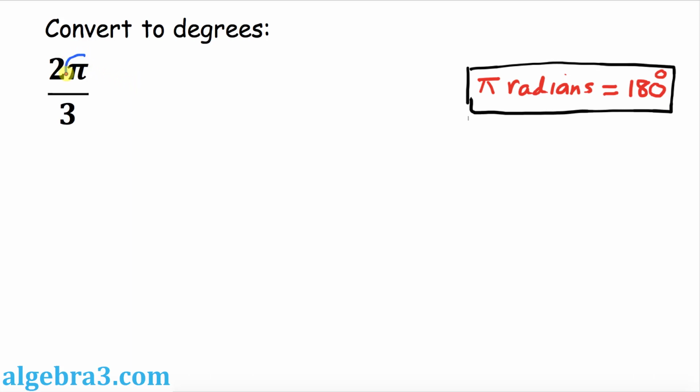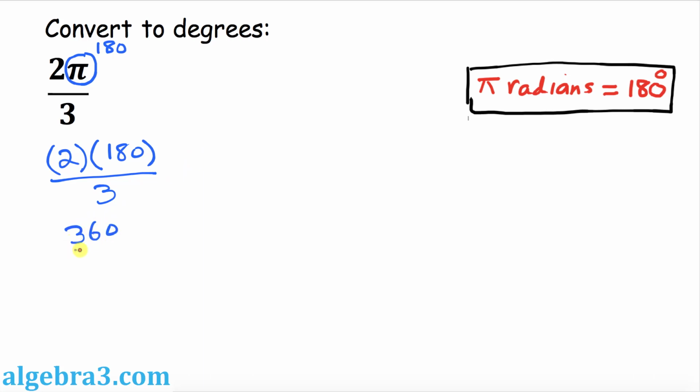Once again, wherever you see this pi, you replace it by 180. So this simply becomes 2 times 180 divided by 3. When you multiply on the top, this is simply 360 divided by 3, which gives you 120 degrees, and that is your answer.